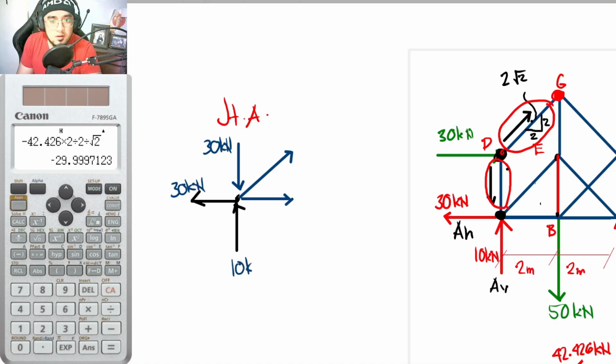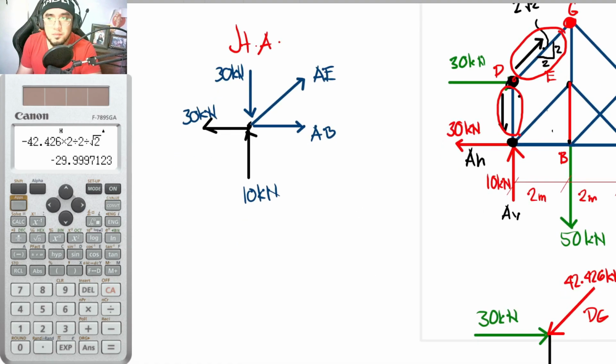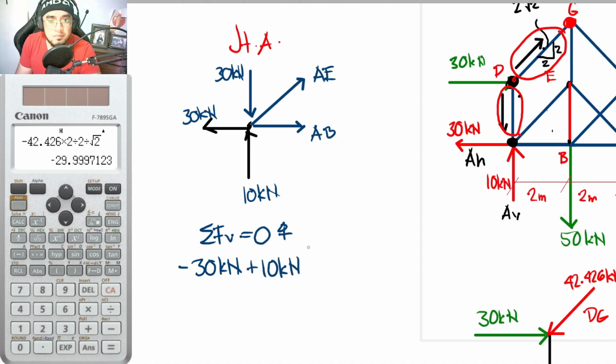This is 10 kilonewtons. Then we have the values of AB and AE. For this, you can get the summation of forces vertical equal to 0, upwards positive, in order to solve for AE. So what are the vertical forces here? We have this 30 kilonewtons acting downwards, so that is negative 30 kilonewtons. Then this 10 kilonewtons acting upwards, so plus 10 kilonewtons. Then AE, since AE is pointing upwards, that must be positive.